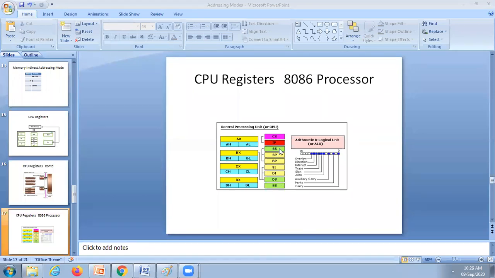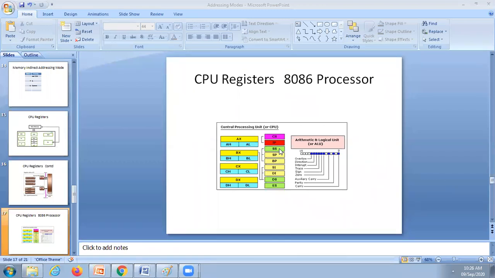SS is the base address of the stack segment. SS stores the base address, meaning the starting address, of the stack segment.